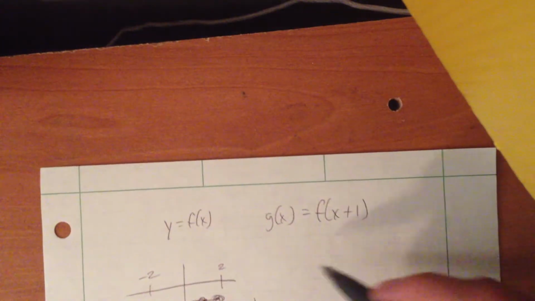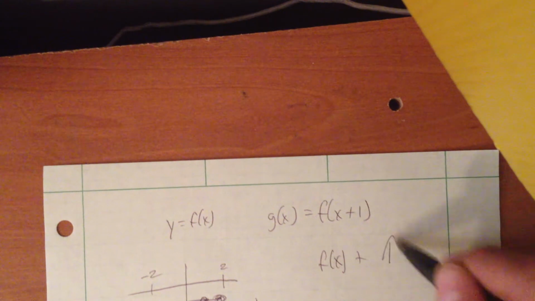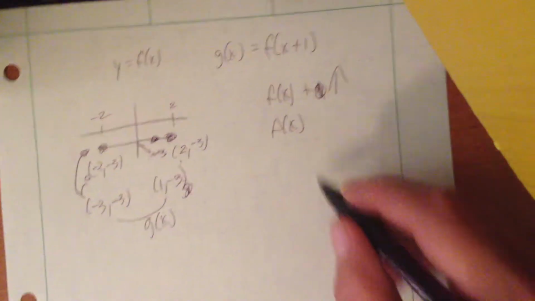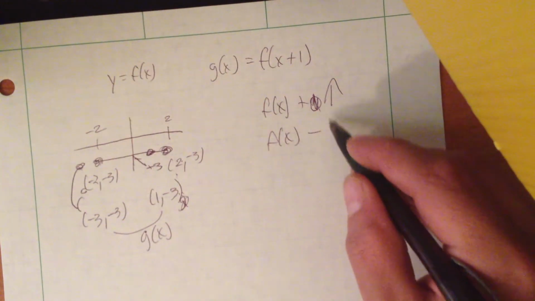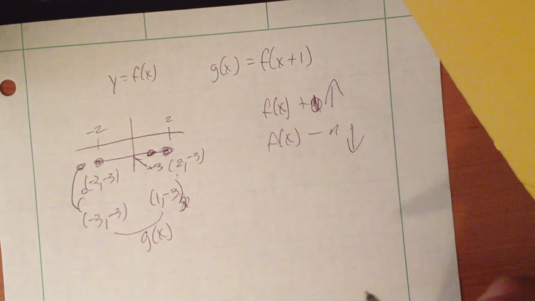If it's f of x plus a number, it moves up. If it's f of x minus a number, it goes down by that number.